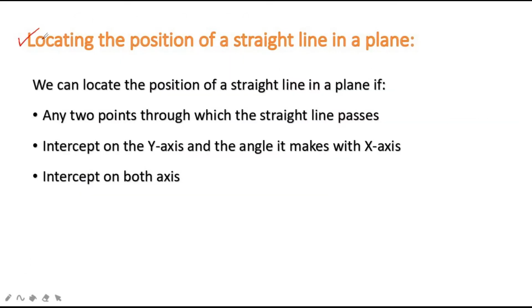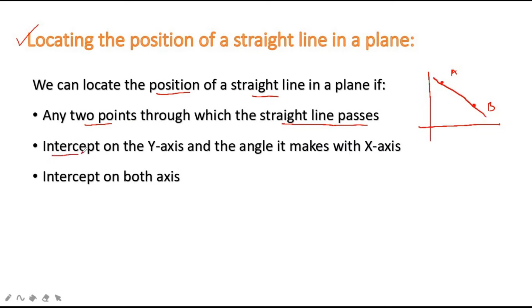Let us now discuss how to locate the position of a straight line in a plane. We can locate the position of a straight line in a plane if any 2 points through which the straight line passes are given. If we have 2 points, say point A and point B, then we can establish the equation of the straight line and accordingly plot or graph it.